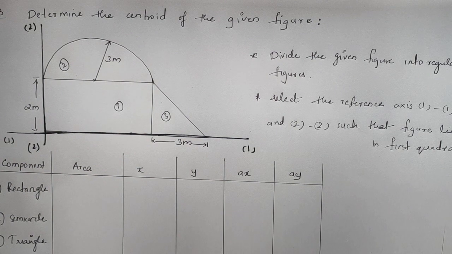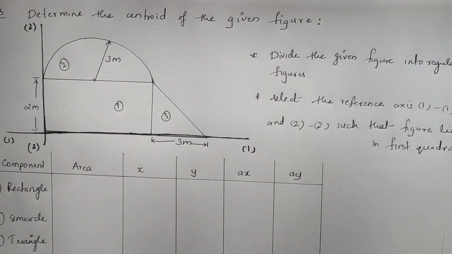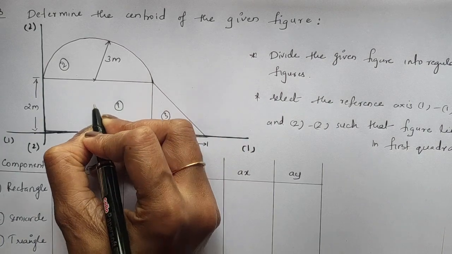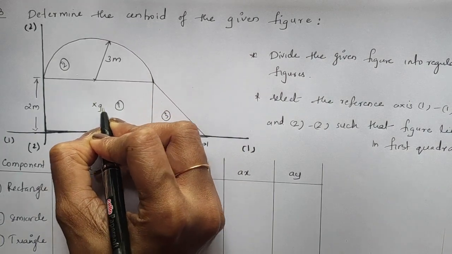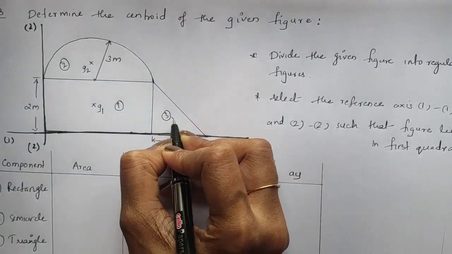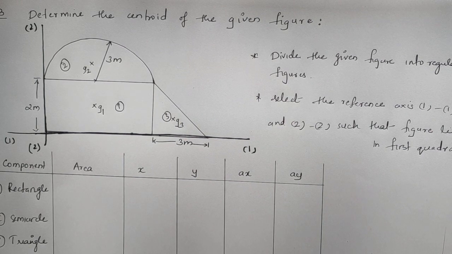At this bottom end also I have touched, and this leftmost end also I have touched. Now the first figure is a rectangle. I'll mark the centroid of this rectangle G1, the centroid of the semicircle G2, the centroid of the triangle G3. Each of them will have a centroid whose equations we are already familiar with.